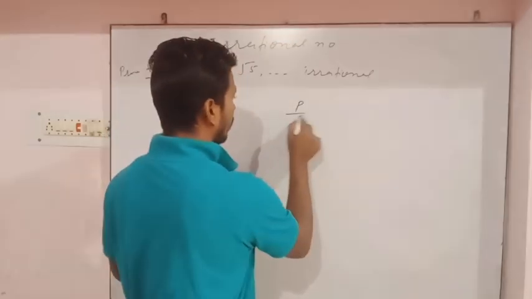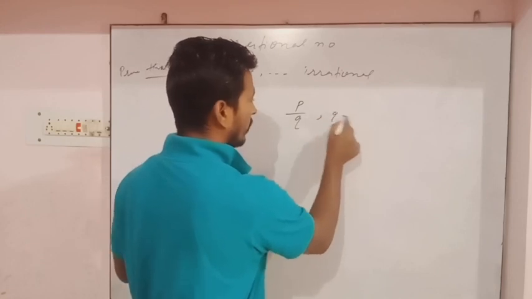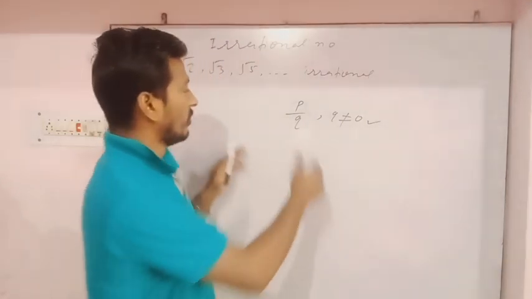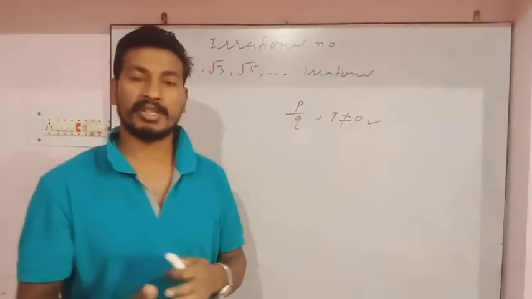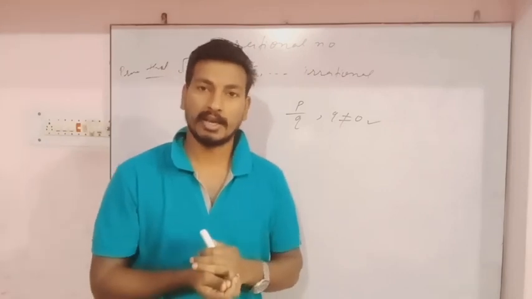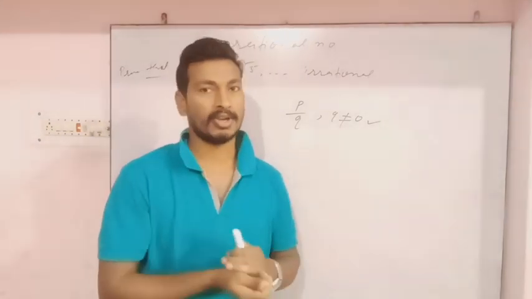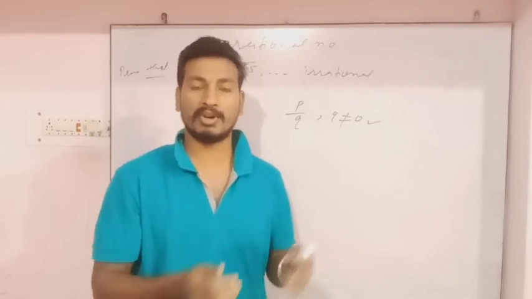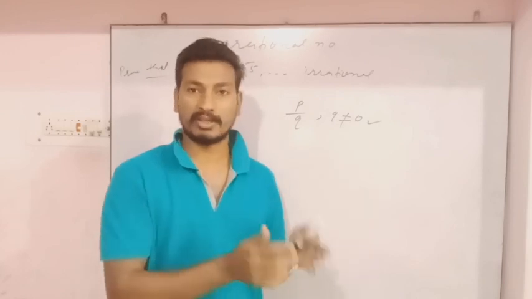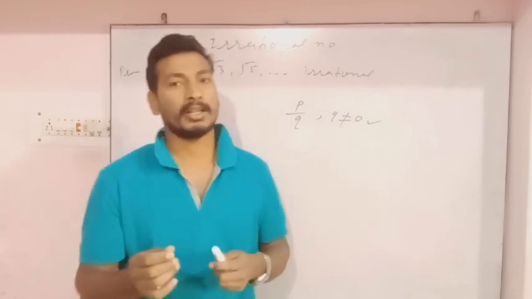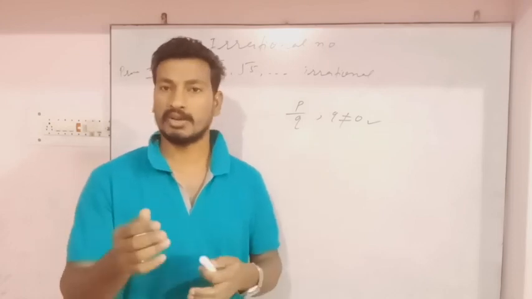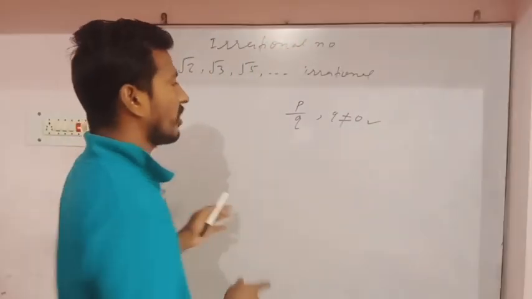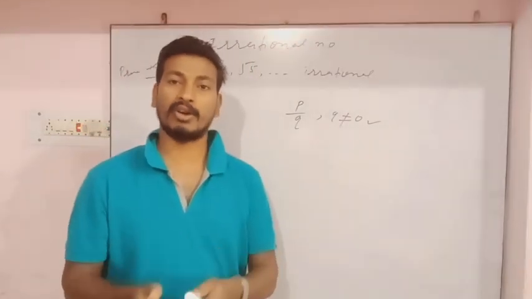I already made a video on rational numbers and the number system, where we discussed natural numbers, integers, whole numbers and different kinds of numbers. If you don't have a basic concept of these numbers, you can watch that video. The link is given in the description. So a number which can be written as p by q is called a rational number, which you already know.